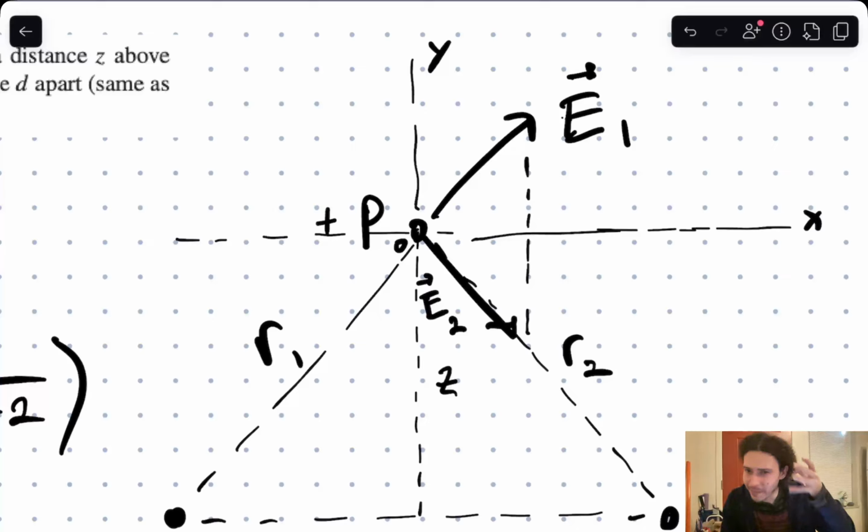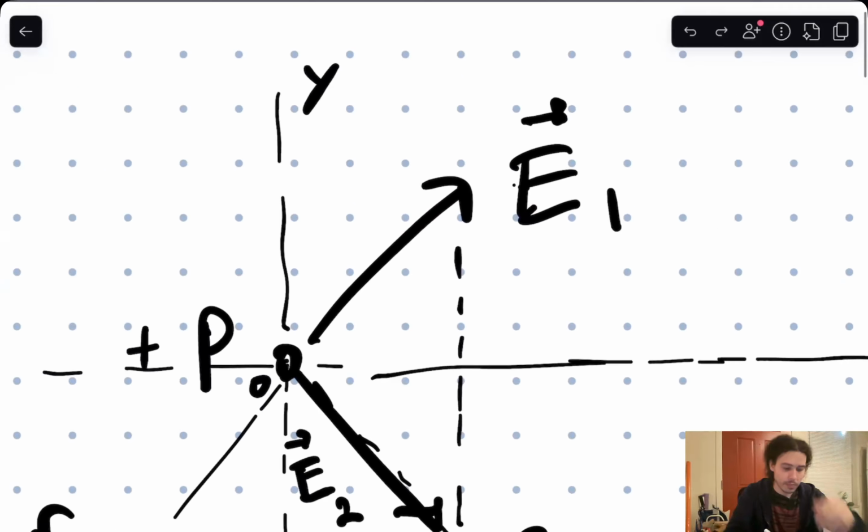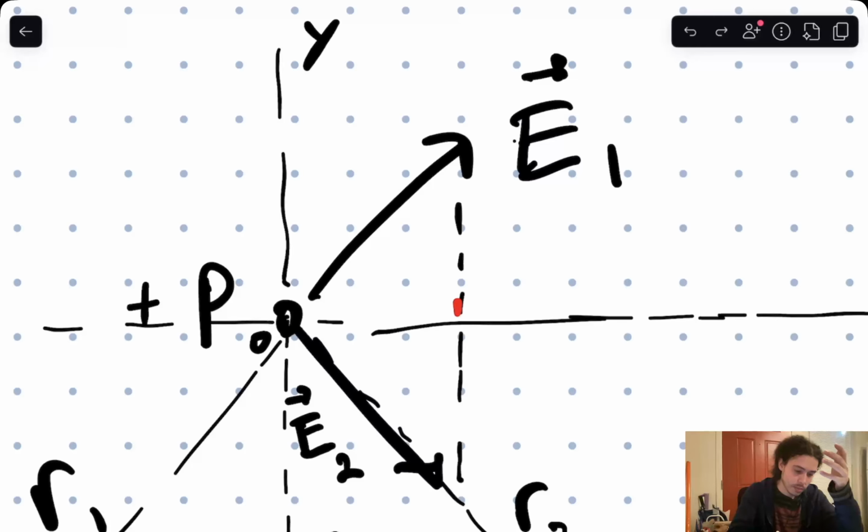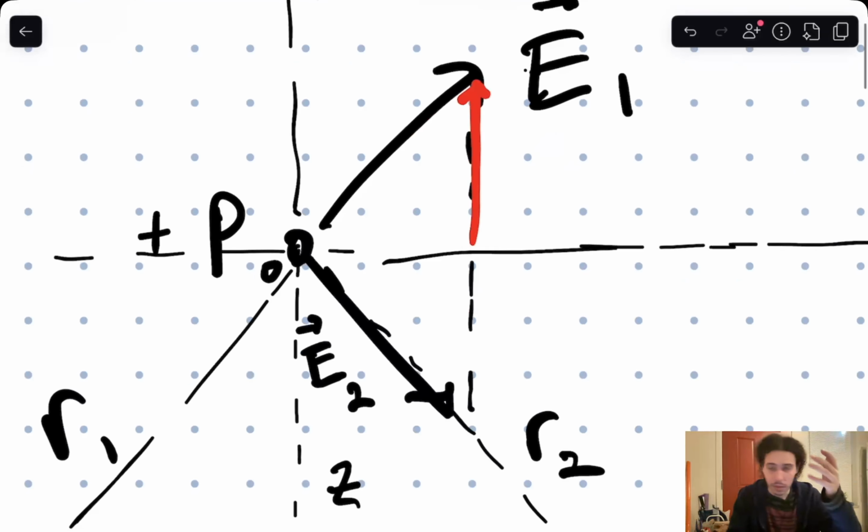And now we want to evaluate the components of each of these vectors. The vertical component of E1 is going to go something like this, and the vertical component of E2 is going to go something like this.